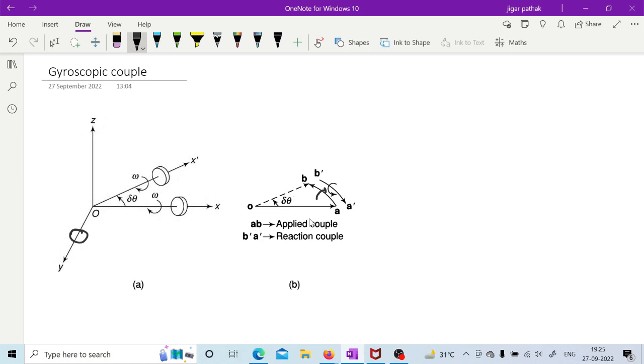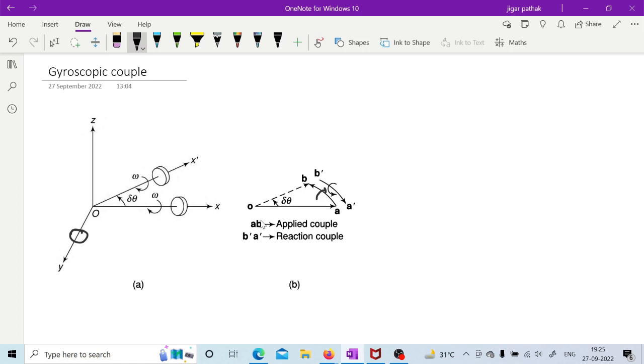AB is the active gyroscopic couple, and B dash A dash is the reactive gyroscopic couple. Because of the reactive gyroscopic couple, the component will have different effects that we will discuss.